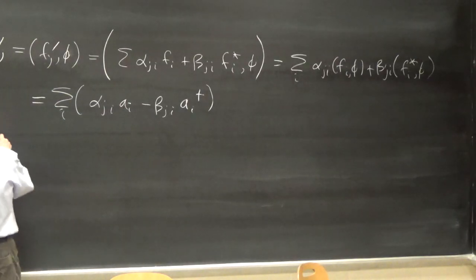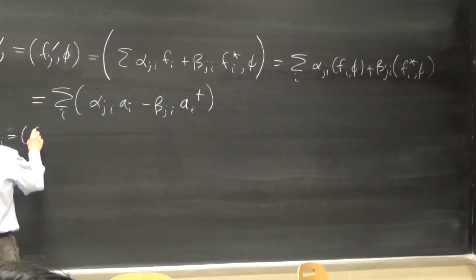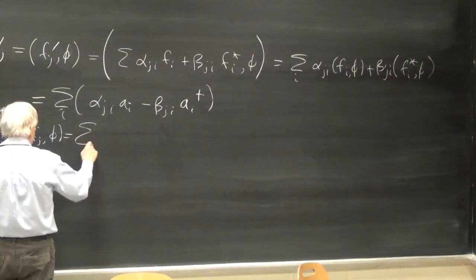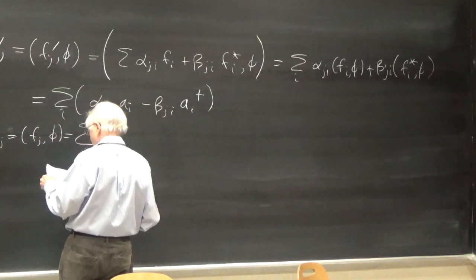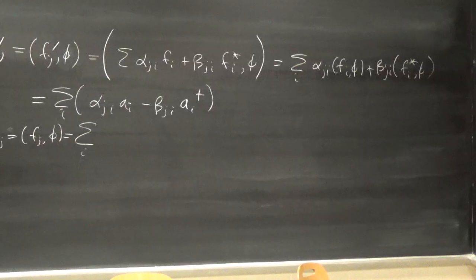And the inverse relation is Aj, which is Fj on the field phi, is the sum on I. And now what I'm going to do is express the Fj in terms of the alpha stars and the F stars.